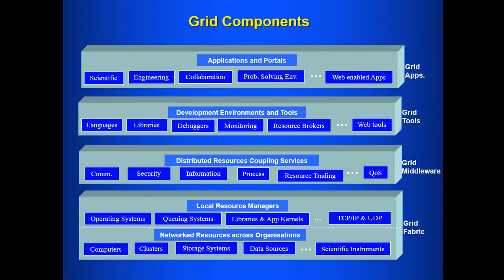Okay, in this slide, the main components of grid are introduced in general. The grid components can be categorized in these categories: grid applications, grid tools, grid middleware, and grid fabric.